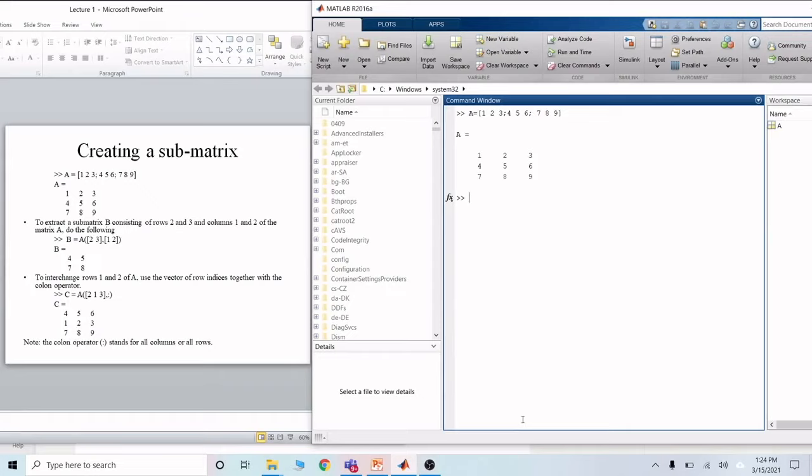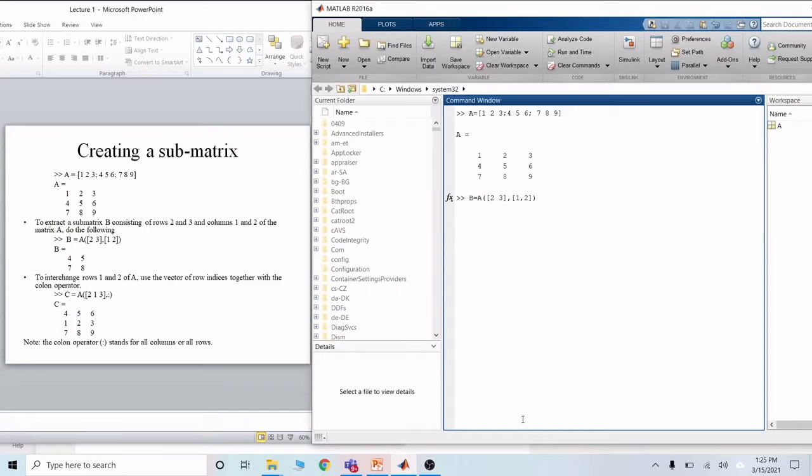I want to create a submatrix B from A. Square bracket, row 2 and 3, [2 3], comma, column 1 and 2, [1 2]. Okay, bracket close. From the A matrix I am taking rows 2 and 3 and columns 1 and 2.